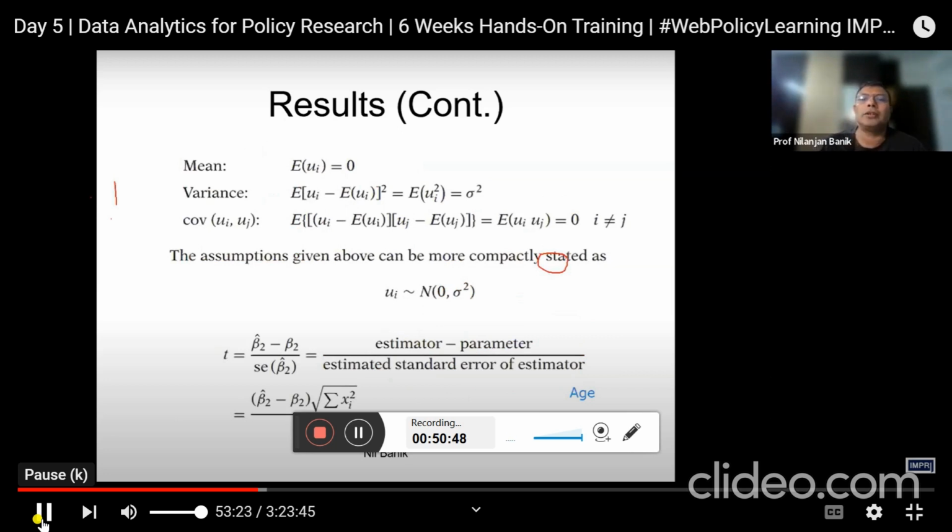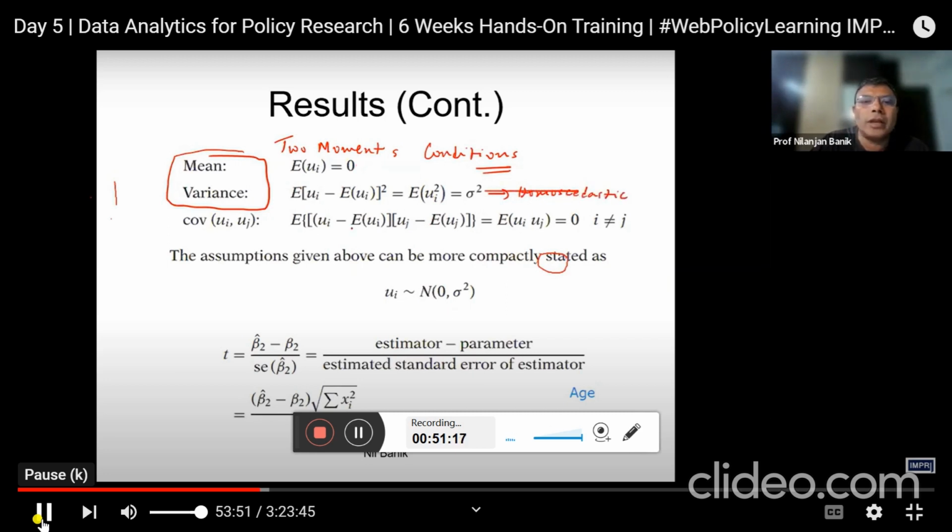In the context of the classical linear regression function, as I said, they take into account only two moment conditions, the first and the second moment, namely the mean and the variance. I'm not looking into other moment conditions. So this is basically saying it's homoscedastic, and then this is zero mean. Why zero mean?